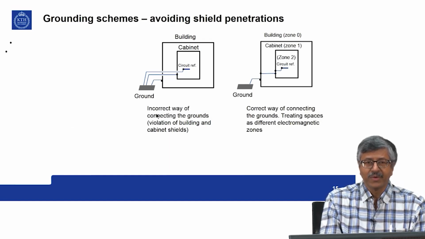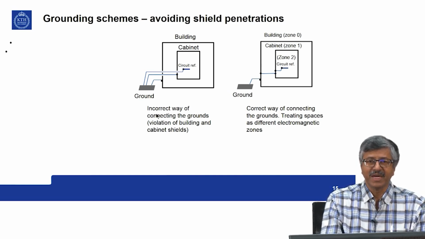Now, often you can have a building, then inside the building you have a huge control room or a cabinet, then inside you have several equipments and circuits, etc. And there may be several grounds, equipment ground, cabinet ground, building ground.